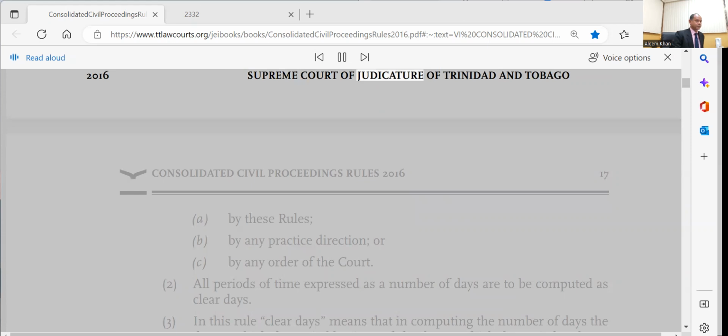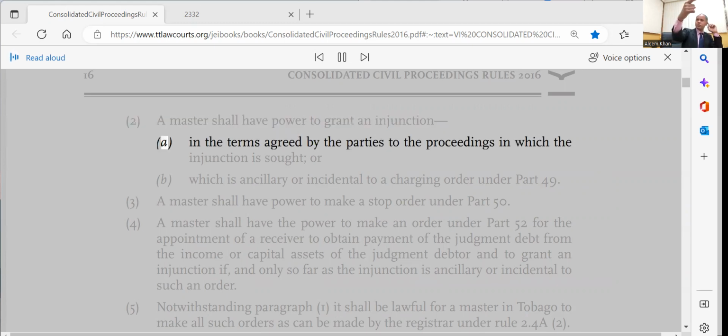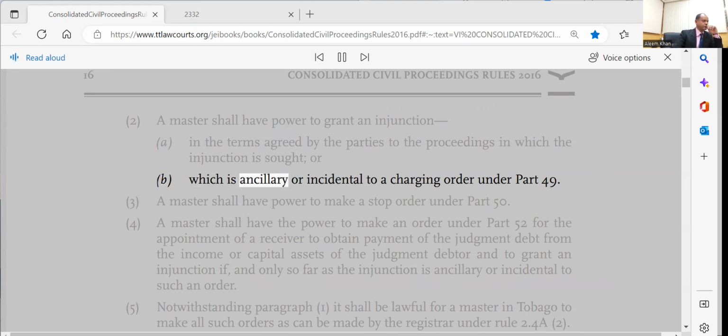2016 Supreme Court of Judicature of Trinidad and Tobago. Consolidated Civil Proceedings Rules 2016. 2. A master shall have power to grant an injunction a. in the terms agreed by the parties to the proceedings in which the injunction is sought, or b. which is ancillary or incidental to a charging order under Part 49. 3.